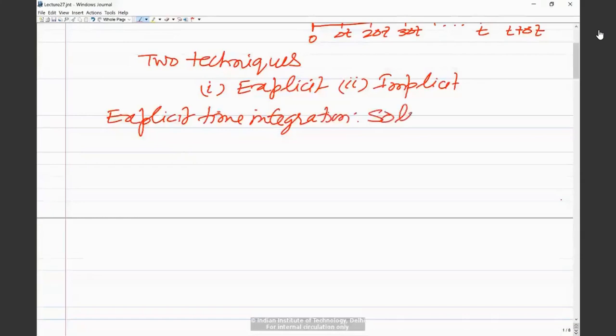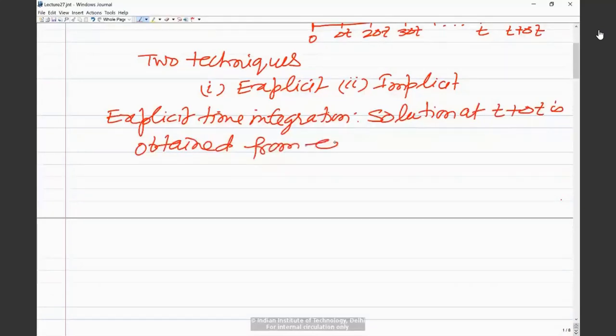In this case, the solution at t plus delta t is obtained from the equation of motion at t. Whereas when we want the solution at t plus delta t, we write the equation of motion at time t plus delta t.